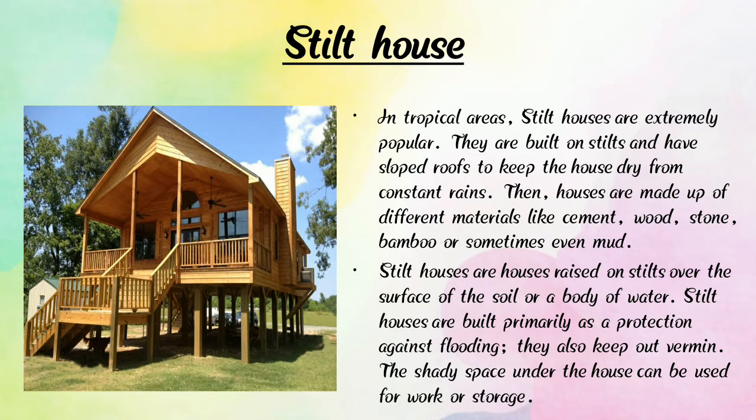In tropical areas, stilt houses are extremely popular. They are built on stilts or poles and have sloped roofs to keep the house dry from the constant rains. The houses are made of different materials like wood, stone, bamboo, or sometimes even mud.